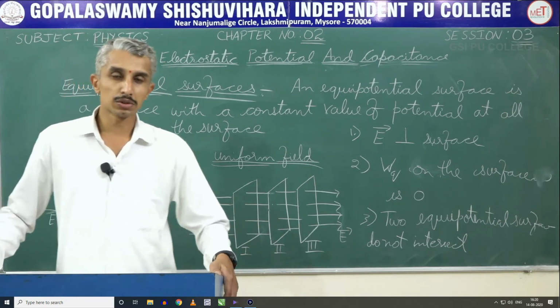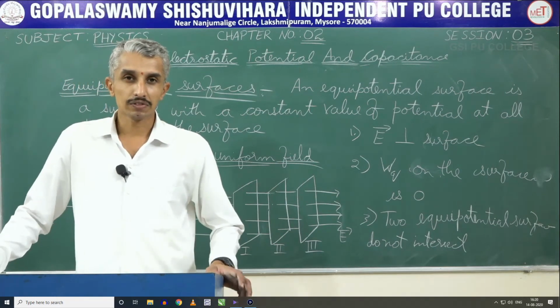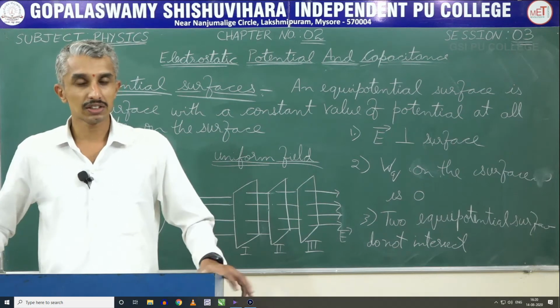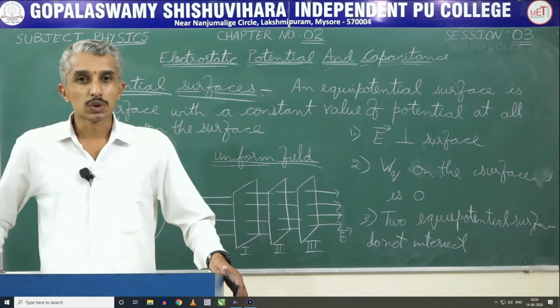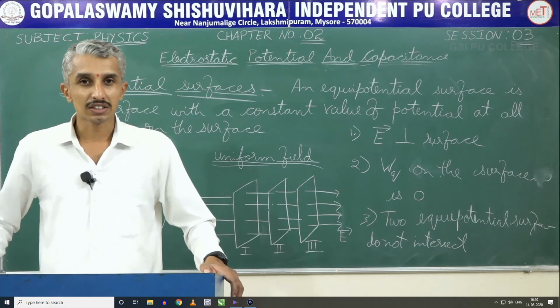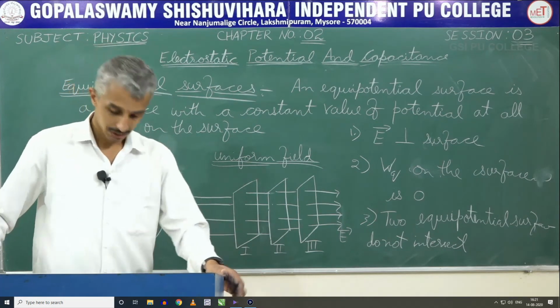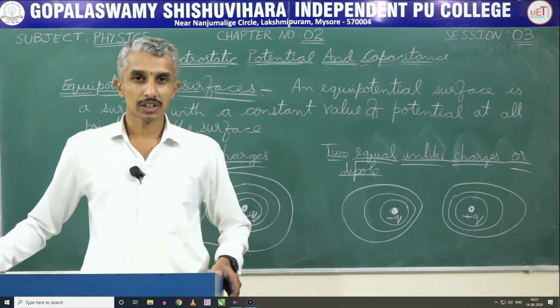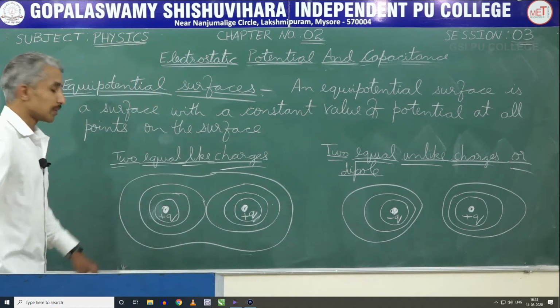Similarly, they can also ask you to draw equipotential surface in case of two equal like charges, or two equal unlike charges. Let us also see how they are going to be. In case of two like charges, the equipotential surface is going to look in this manner.